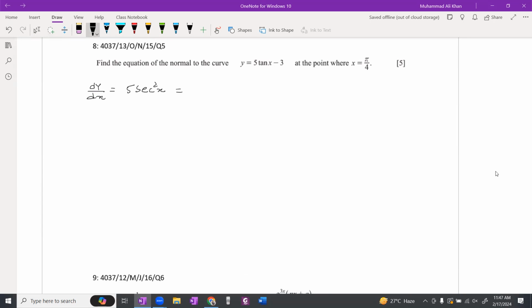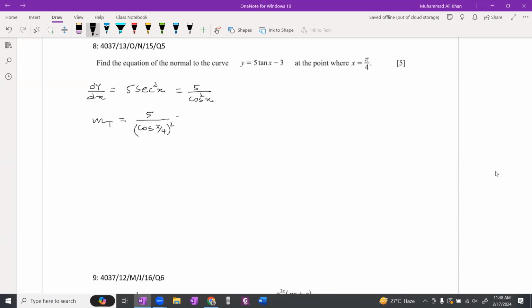So can I say that it is 5 over cos squared of x? Now, what is this? This is the gradient of the tangent. So calculate the value of cos pi by 4, whole squared.